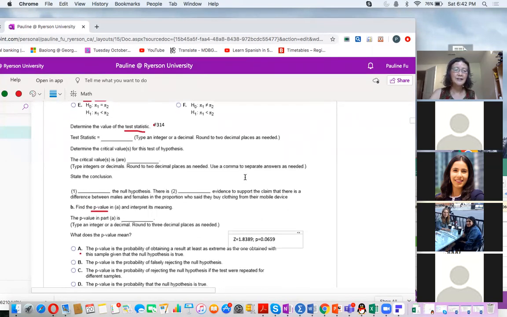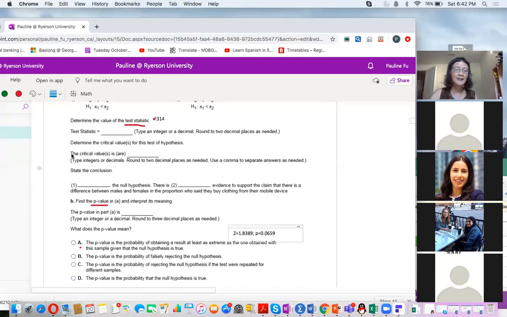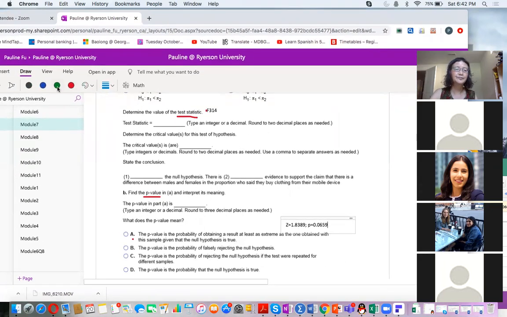So we calculated test statistic. And next question asks for the critical value. What is the critical value? Remember, we use the Z-test for population proportion.